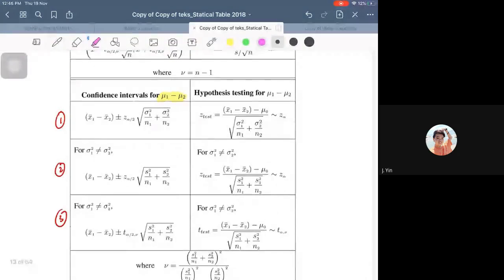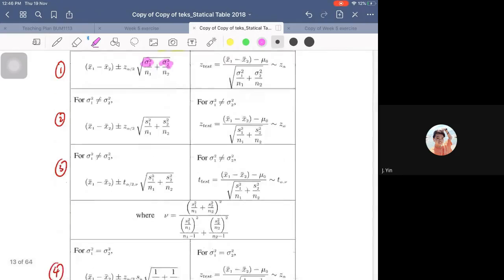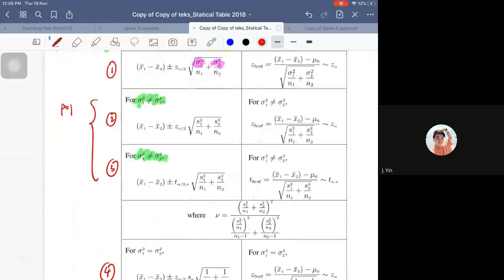Is sigma given in this case? We have no information about sigma, we only have the samples given. So it's definitely not going to be formula number 1. Formula number 2 and number 3 are used when the population variances are unequal.